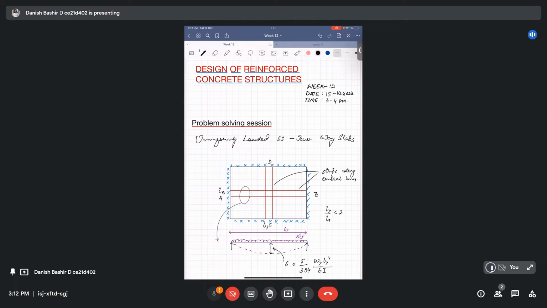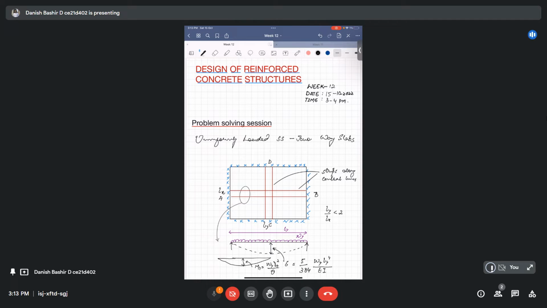And if we make a bending moment diagram for the same, it will be like this one. It will have a maximum ordinate at the center, and we will denote this maximum moment as My, and it will be Wy Ly square upon 8.